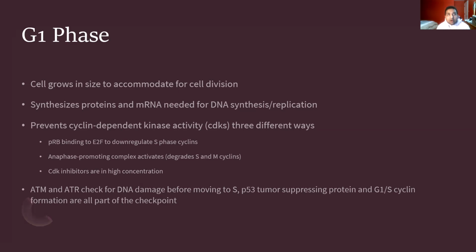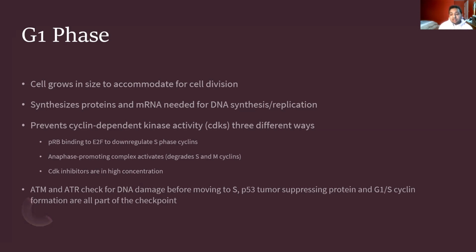Otherwise, that error is going to be synthesized into our new cells, and it can then propagate forward. This is sometimes what happens in cancer: the DNA damage is not detected, and tumor suppressing genes are damaged in the DNA, and so the cells become a tumor because they have unregulated division.